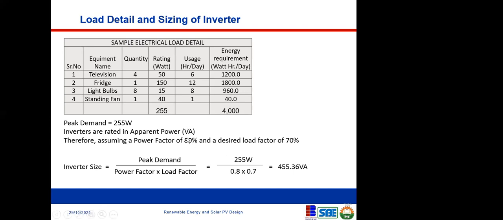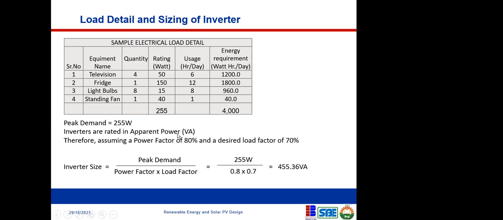So let us assume that our power factor, because this peak that we want to meet is in real power, in watts, and our inverter is rated in apparent power, which is VA. So we want to determine what will be the size of the inverter in VA to meet this load.